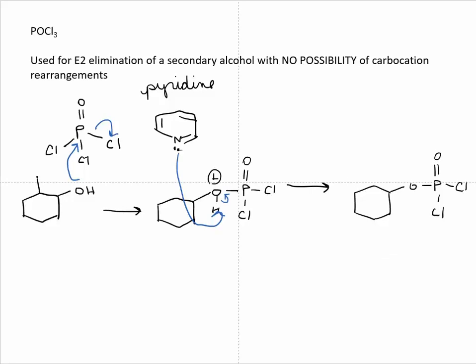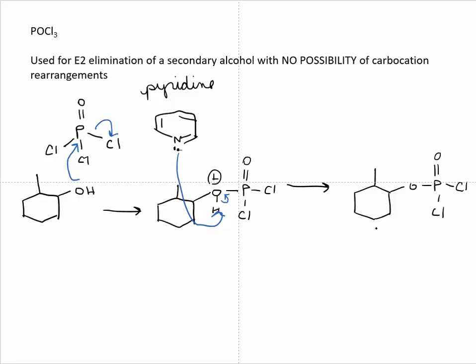So even if we had a methyl group there, a methyl group there, this isn't going to just go away. You're not going to form a carbocation. This makes the alcohol into a good leaving group, but not good enough to just leave to form the carbocation. It's going to stick around.